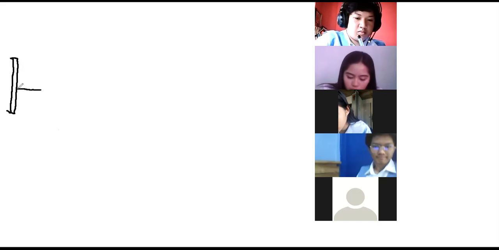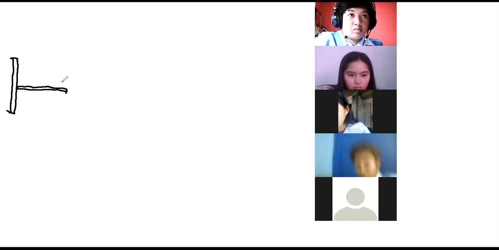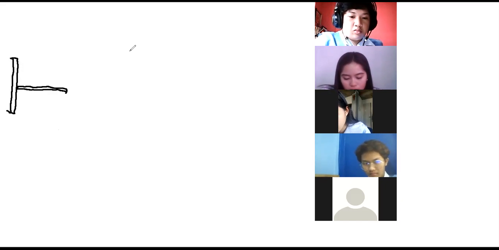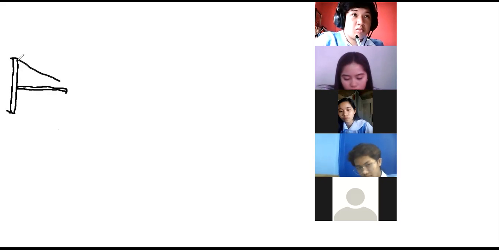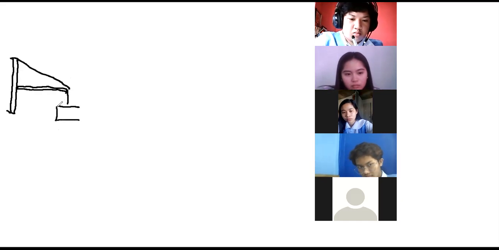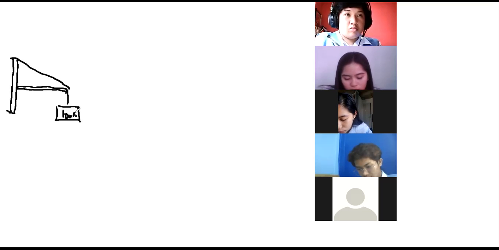We have a strut right over here. There is a string right over here, and a weight hanging on it, a box hanging on it, and the box weight here is also 100 Newton.